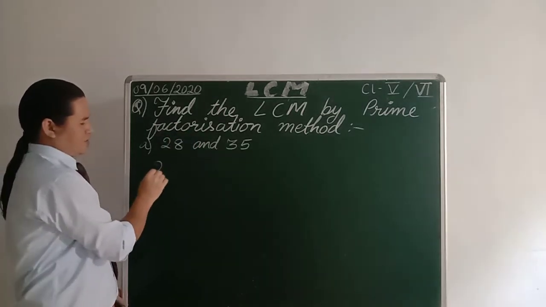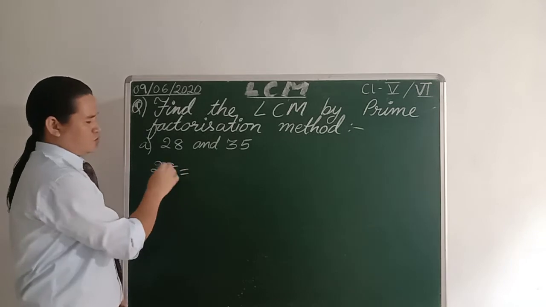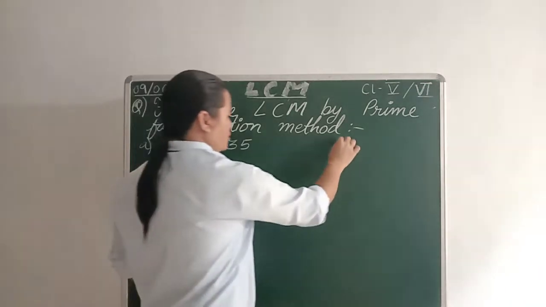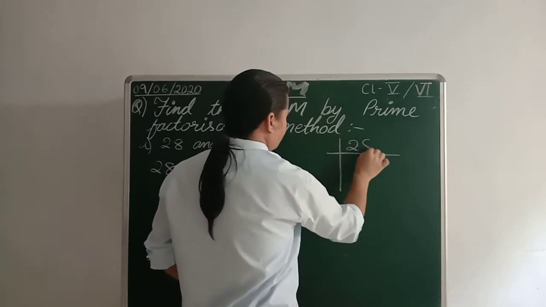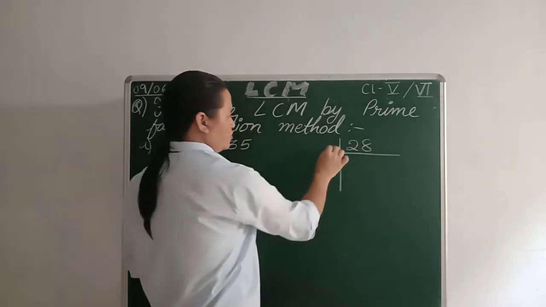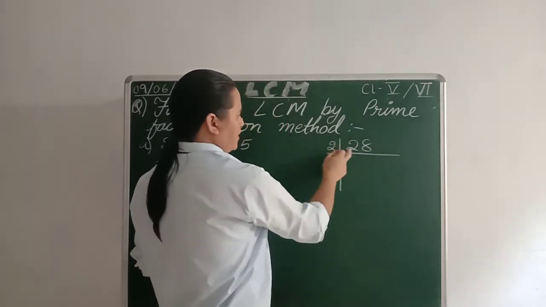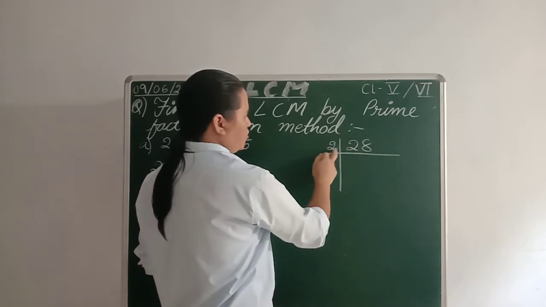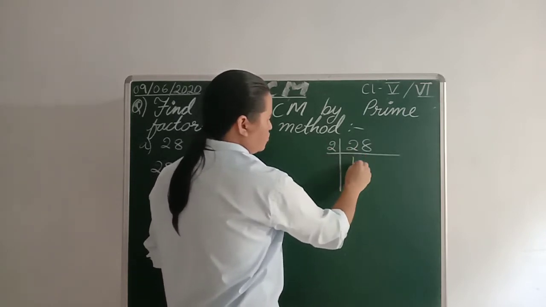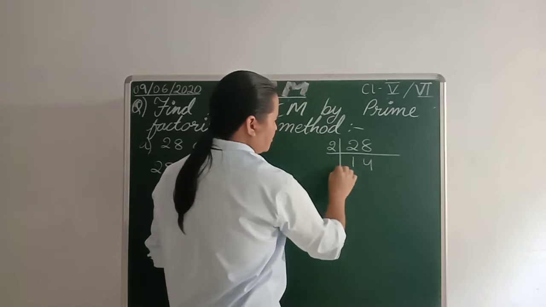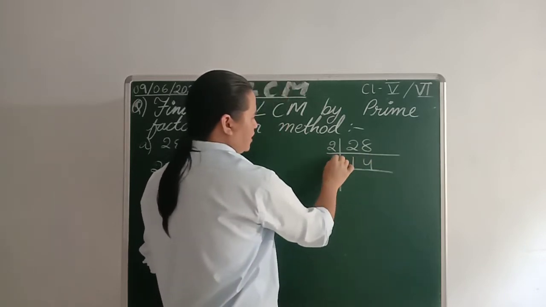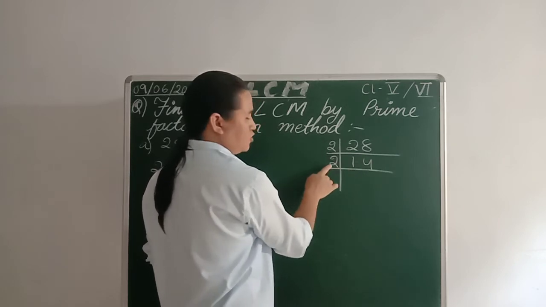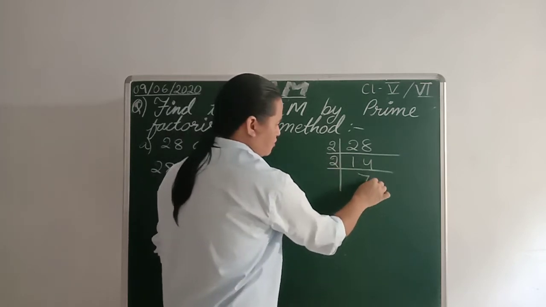So 28, you break down by dividing. Let's take 2. Divide 28 by 2. 2 how many times? 2 14s are 28. Now the remaining 14, again you can divide by 2. 2 7s are 14.